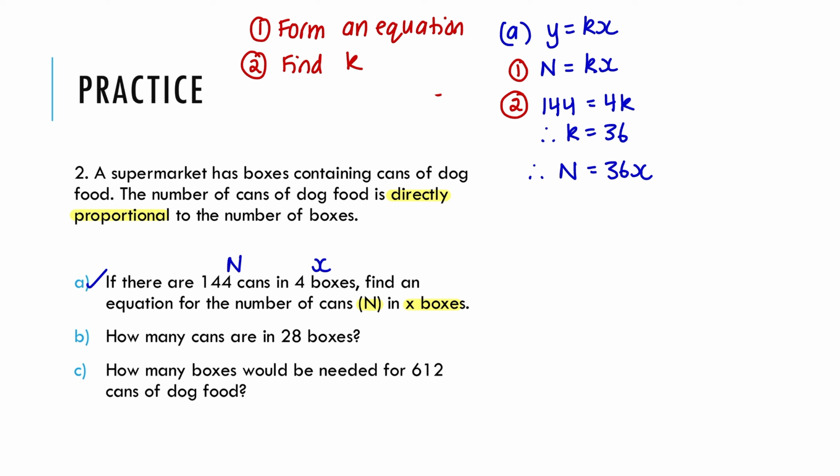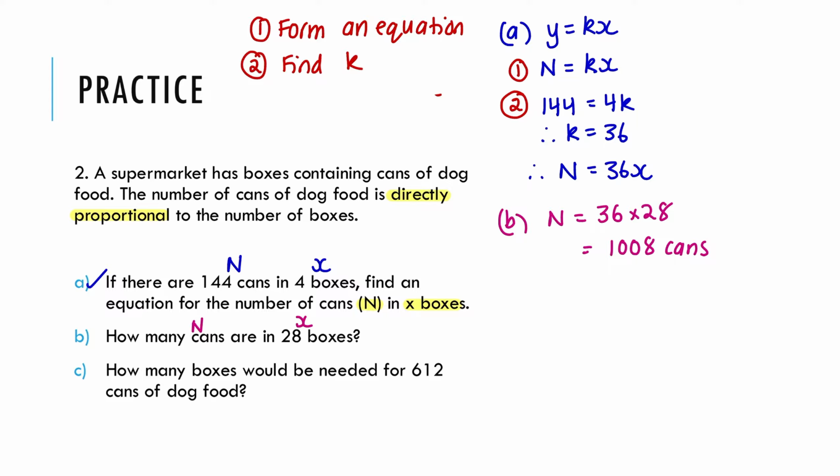I'm going to look at B here. B says how many cans, so I'm looking for N, are in 28 boxes, which is X. So here for B, I'm going to use the formula that I have before. So I'm going to find the number of cans, which is equal to 36 multiplied by 28, which will be 1008 cans.